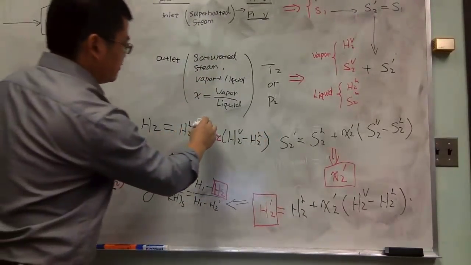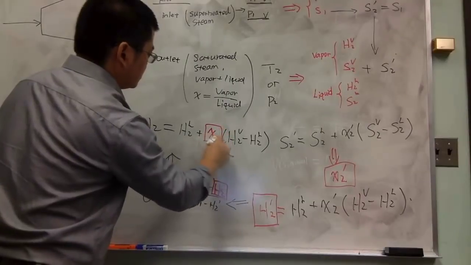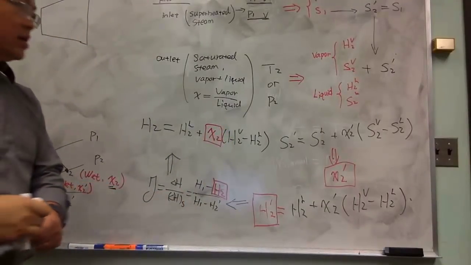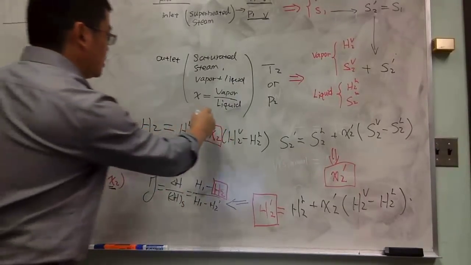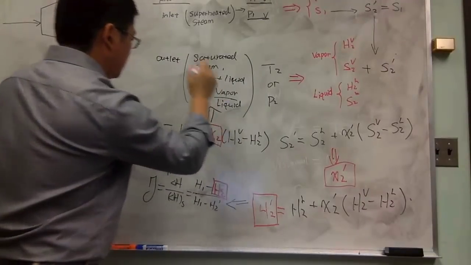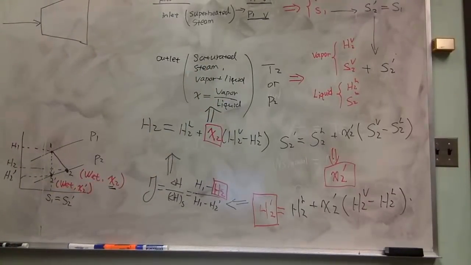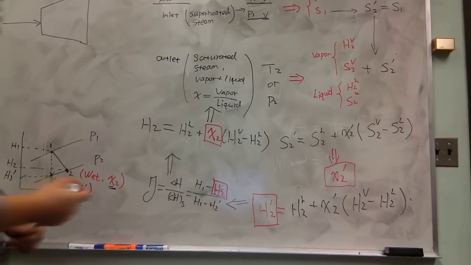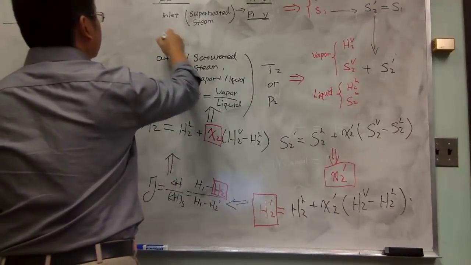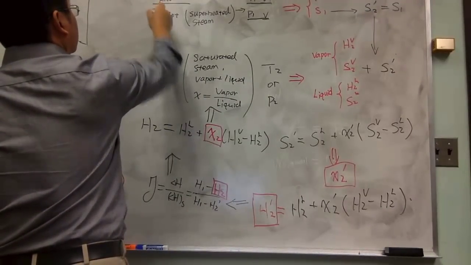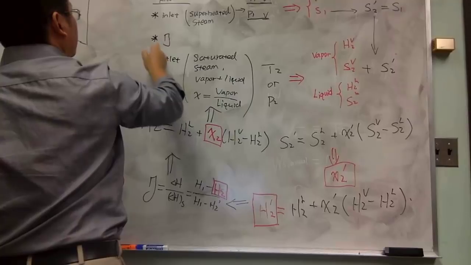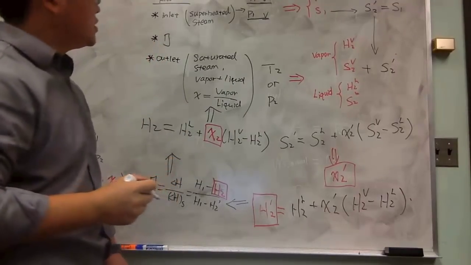And I should be able to solve X2. Okay? So now I can tell what my final state of the outlet is. So here I also know the efficiency.